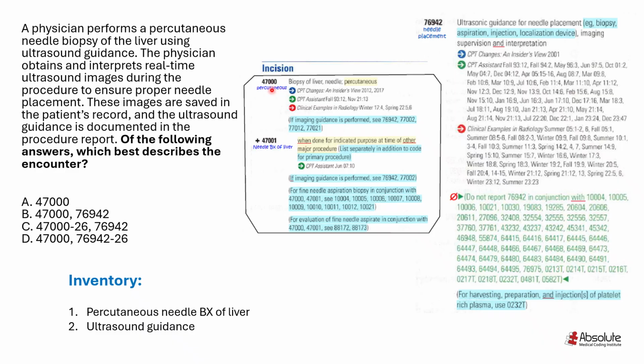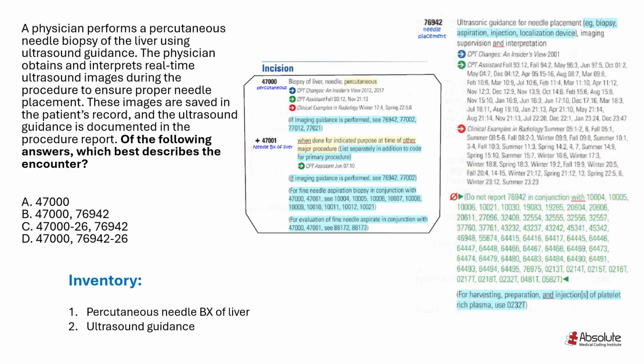Well, let's go ahead and read this parenthetical guideline that's underneath the code. It says if image guidance is performed, go ahead and see 76942. So you're supposed to code the image guidance in addition to this surgery. So we've knocked that out.